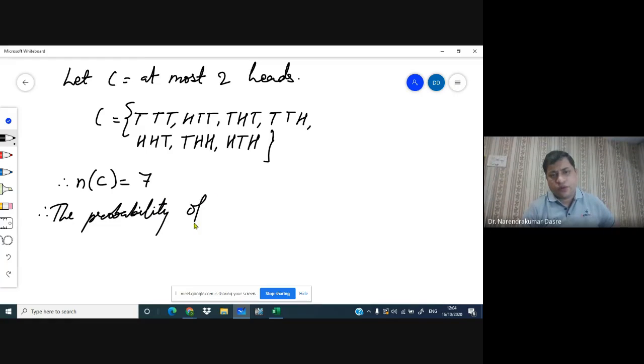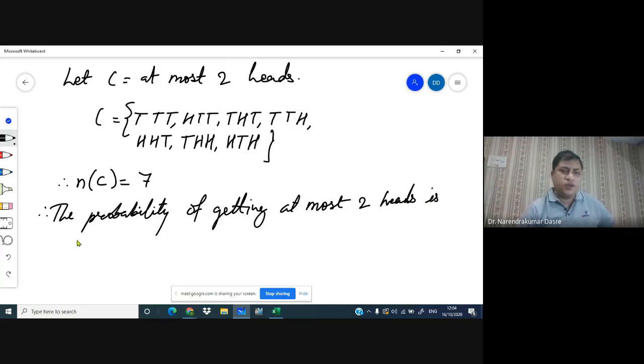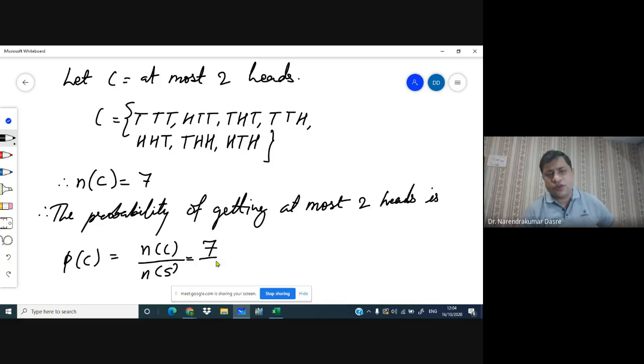Hence I can write the probability of getting at most 2 hits. As per definition, probability of C is equal to number of sample points in C upon number of sample points in S. So it is going to be 7 by 8.